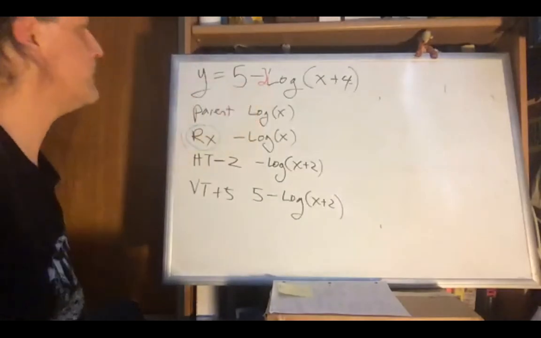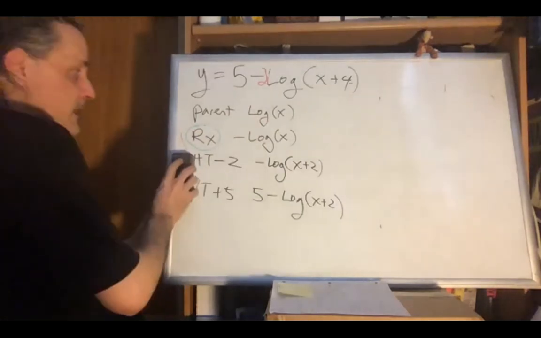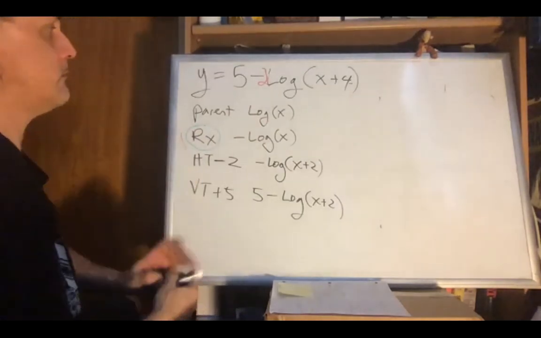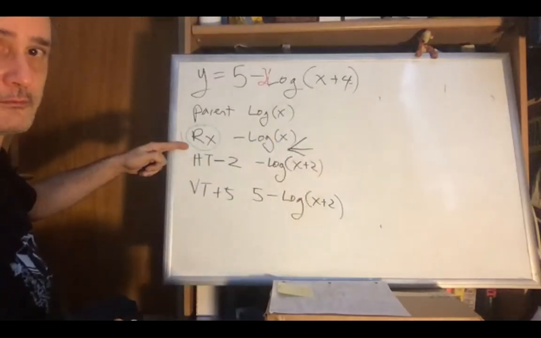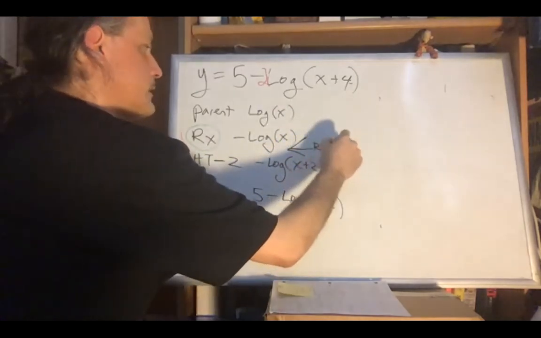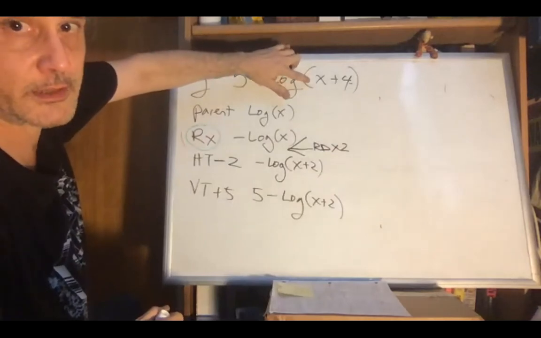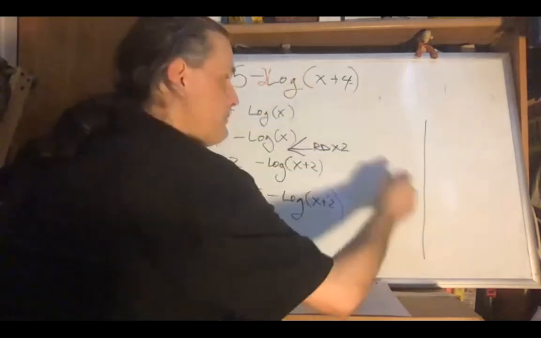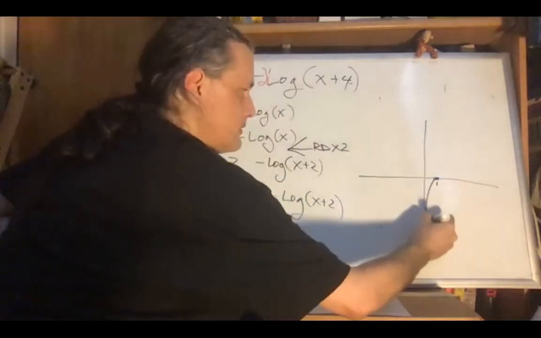Yeah. Okay, no problem. So you want to save the translations for last. So then we will do the range dilation here first. Okay, so that would be range dilation times 2. Whereas if I put the 2 here, that would be domain dilation times a half. All right, so we got our parent function. So that's 1 here.